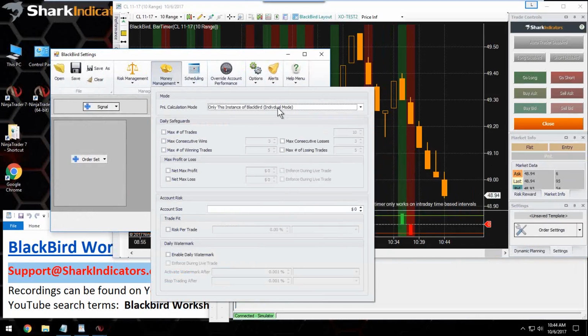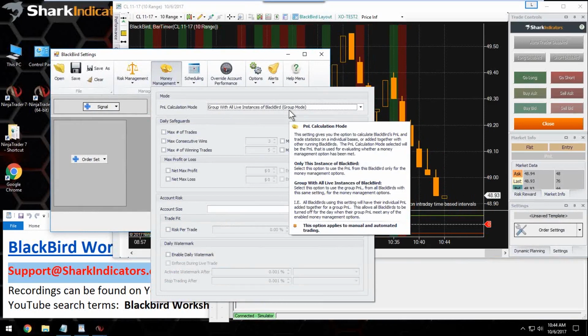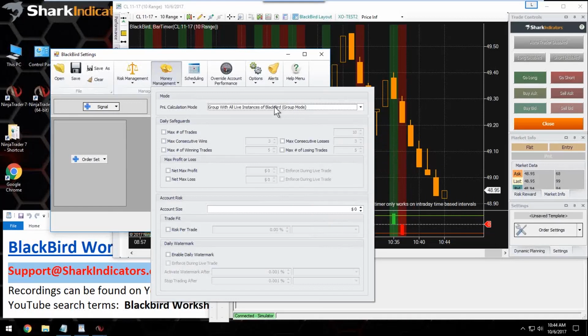Any BlackBird running in individual mode is just that. Only the BlackBirds running in group mode will have their profits and losses added together, right? So if you leave one of your BlackBirds out of group mode, then it will not be included. So basically, group mode allows you to take your accumulative profits and losses and have them applied to your money management rules.